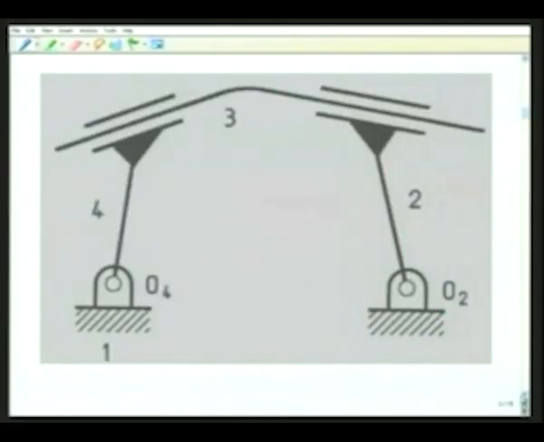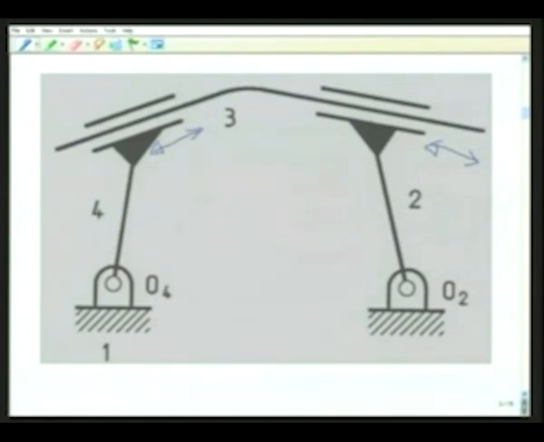It may be interesting to see what happens if the directions of the 2 prismatic pairs are different. Between 3 and 4 it is in this direction, whereas between 3 and 2 it is along a different direction. Consequently, here the formula will work perfectly because there is no redundant degree of freedom.